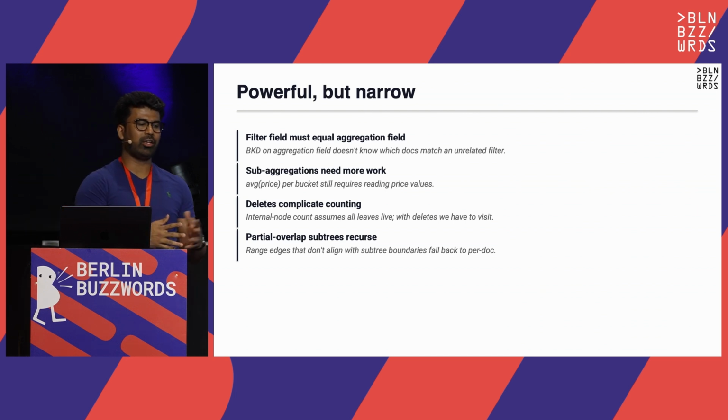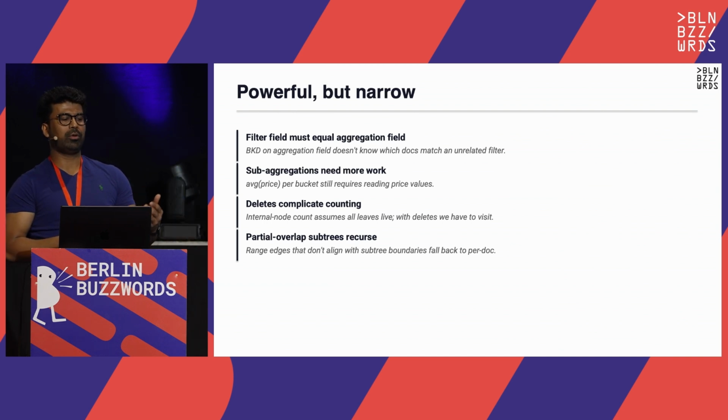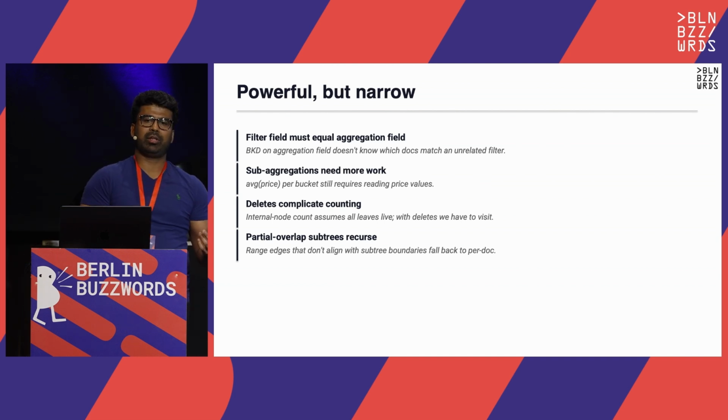Similarly, for sub-aggregations as well, right? If within each of the buckets you want to compute, say, average cost, you need to actually visit the document for doing that. And also, I think Lucene has these immutable segments. So if you have deleted documents, those inverted indices are not accounting for that.